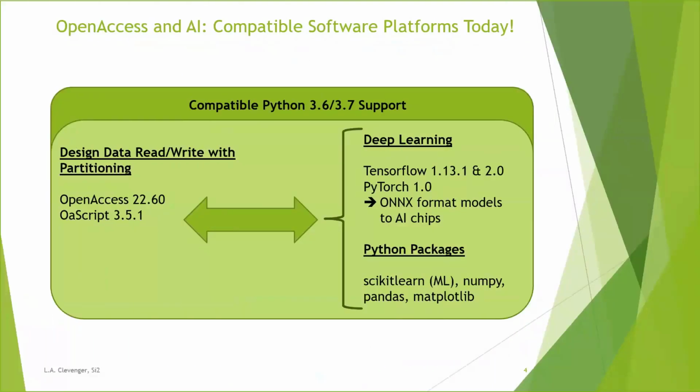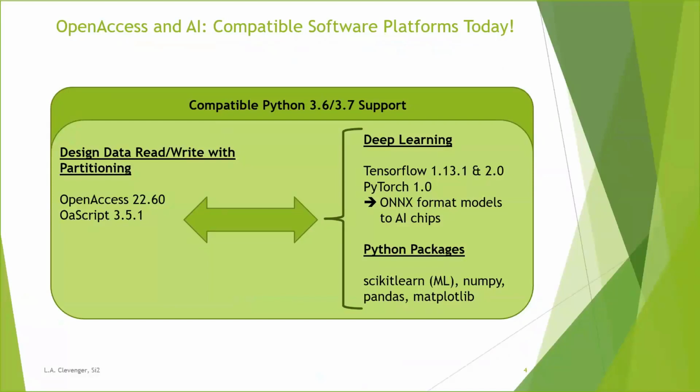Right now, today, the software platform is compatible between OpenAccess and the popular AI platforms. Python 3.6 and 3.7 are supported in the latest versions of OpenAccess and OA Script.